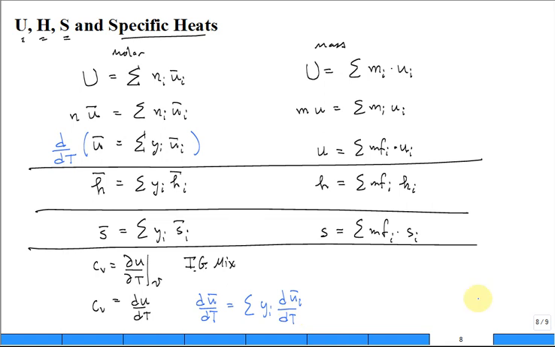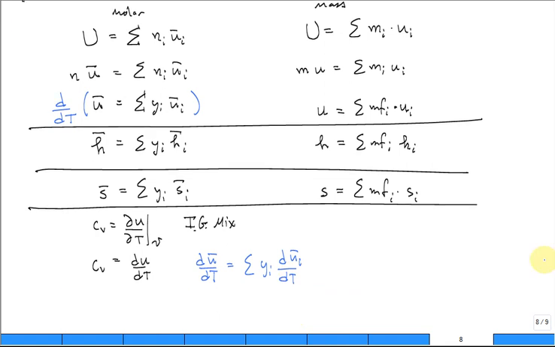Well, I have to scoot down a little bit, sorry. This is C sub V bar of the mixture. It's the specific heat constant volume of the mixture on a molar basis, is equal to the sum of the mole fractions times C sub V I bar.